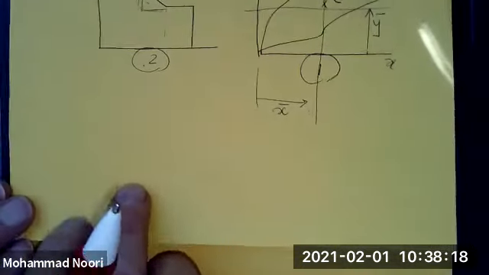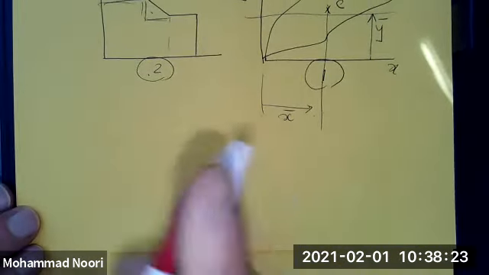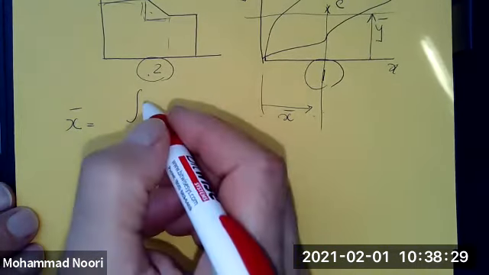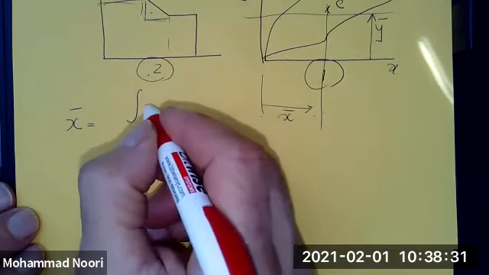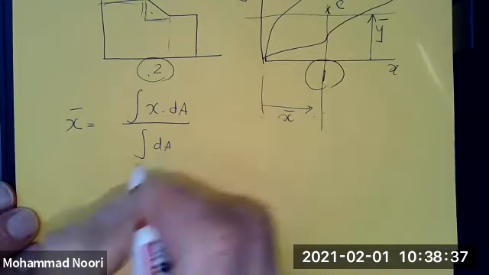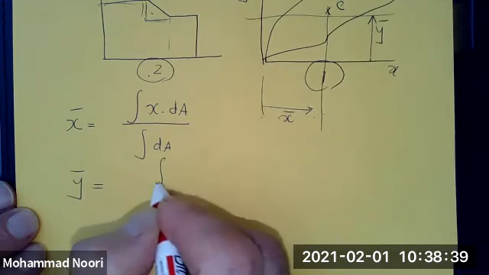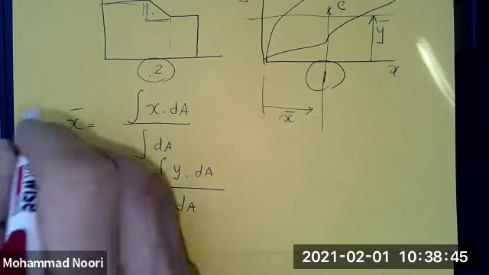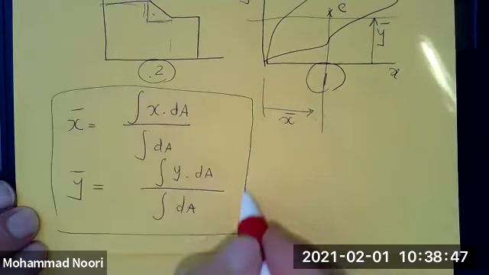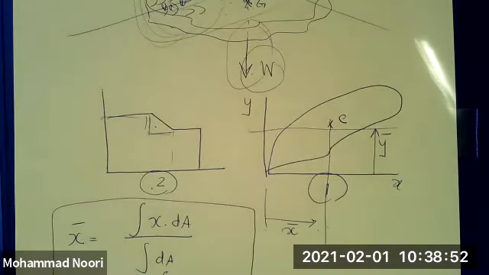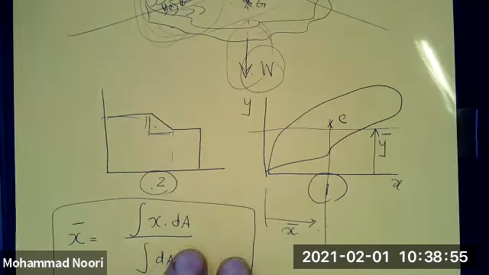We can show mathematically, as you've seen in calculus and can see in the book, that x bar is evaluated using these integrals. X bar is the integral of x dA over the integral of dA, and y bar is the integral of y dA divided by the integral of dA. What do these mean and how do you evaluate those? Let me demonstrate that through an example problem, which is easier.